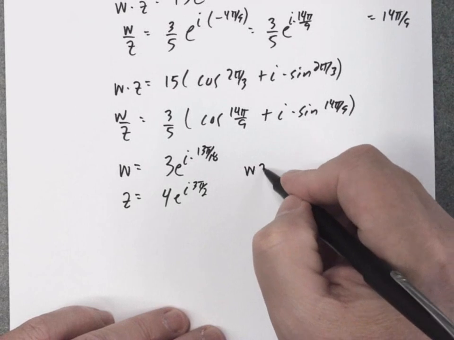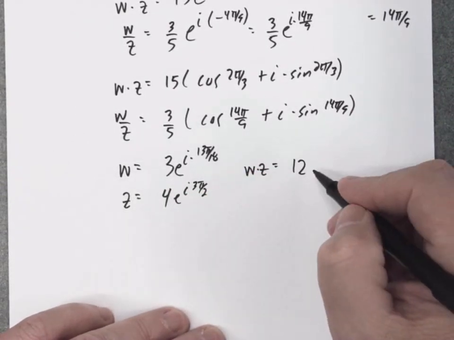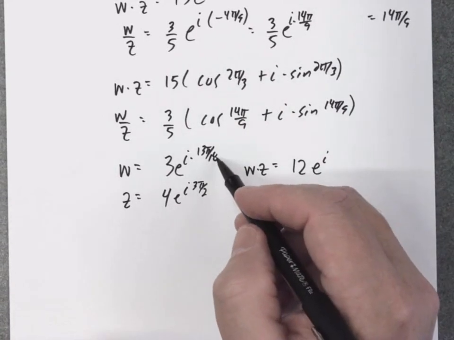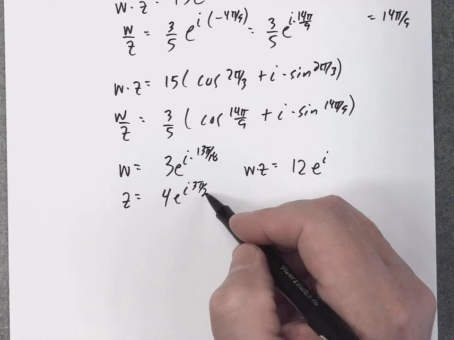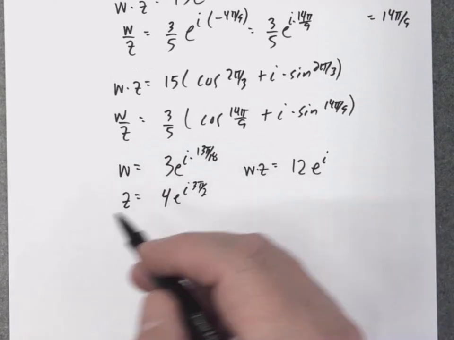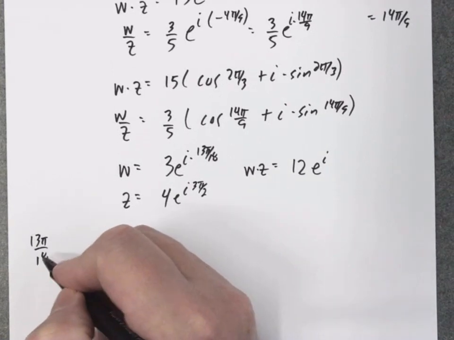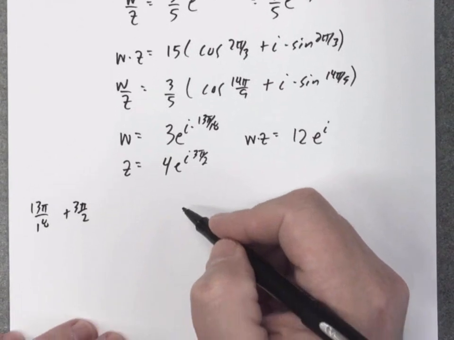But this is pretty straightforward, right? 3 times 4 is 12. So 13 pi over 18 plus 3 pi over 2. The denominator of 18, 9, that's 27. All right, let's just do this. Plus 3 pi over 2.